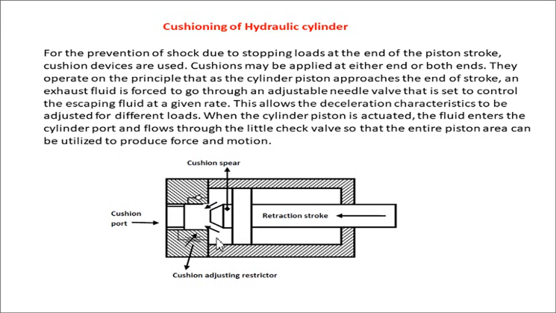The advantage is that this will avoid overrunning of the load. If the load is acting vertically downward, then because of the inertia forces, this piston plunger will bump on the cylinder wall. That will cause damage to the cylinder, and to avoid this damage, we have a cushioning arrangement.